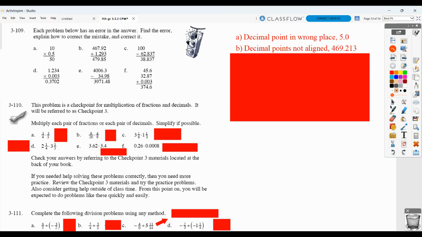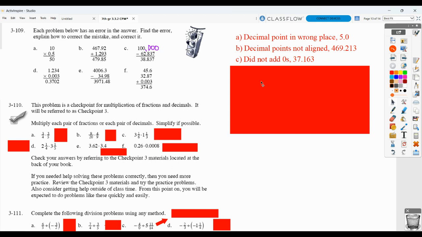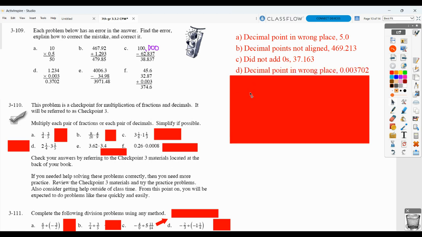Here, they needed to add a decimal point and 3 zeros to be able to do the subtracting. So again, I need to see the work, not just the answer. Here we have 3 decimal places and another 3 decimal places, so we should have 6 decimal places in the answer, and I want to see that.